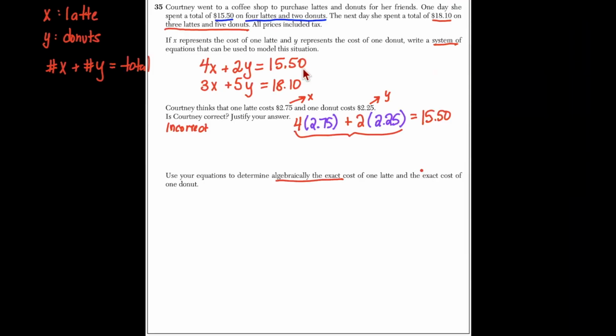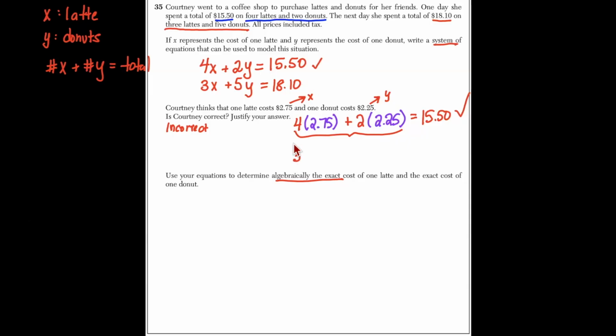Now, this actually is a trap. In this case, this one actually works out. But if a coordinate pair is a solution to a system of equations, it needs to work for both of the equations. So even though it works for this one here, I have to check and see if it works for the second one, which is where I know it's going to fail.